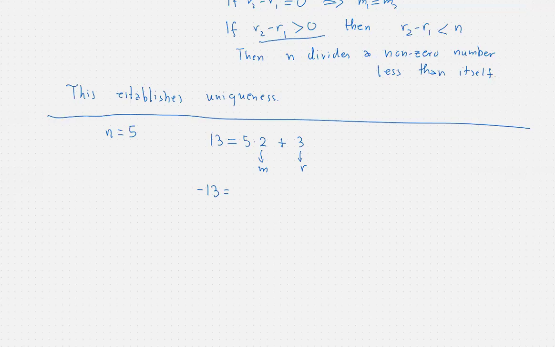So the right thing to do here is to say that this is 5 times -3, which is -15 plus, and the remainder is 2. So here this is M, this is R. So one has to get used to how this division works when the dividend is negative. And that's the one thing that seems a little strange in the beginning when one encounters Euclidean division.